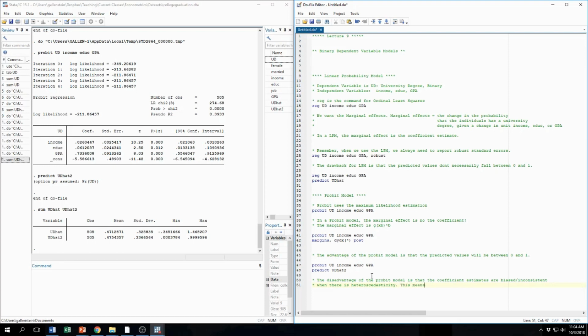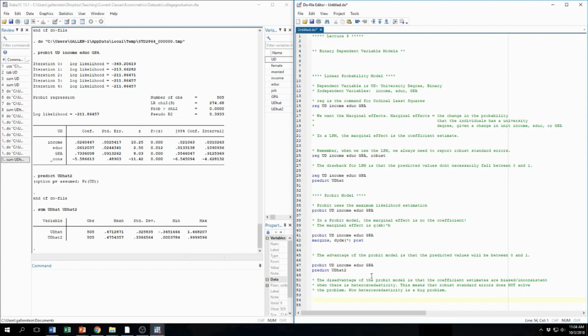This means that robust standard errors do not solve the problem. Heteroscedasticity is a big problem. If I have heteroscedasticity, my estimates are going to be biased or inconsistent. That's a big issue.